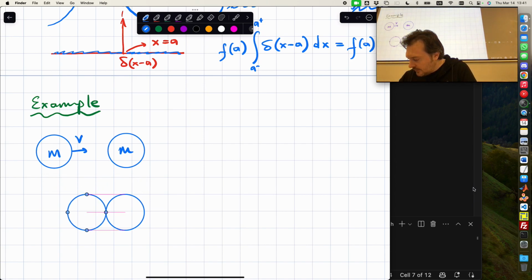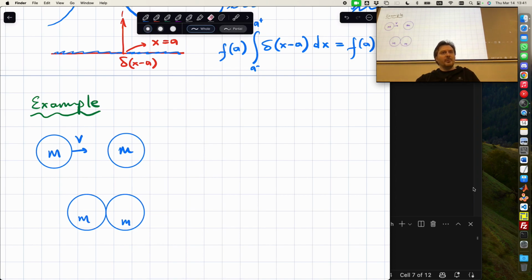It's a head-on collision. Do you know by intuition what's going to happen, or from playing billiards? Nobody plays billiards anymore, right? Velocities will change sign.